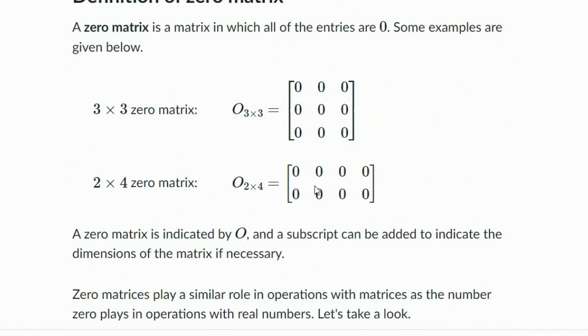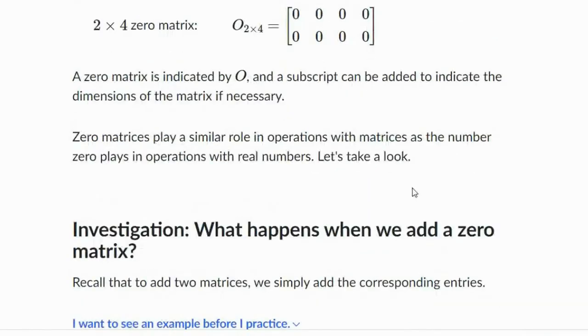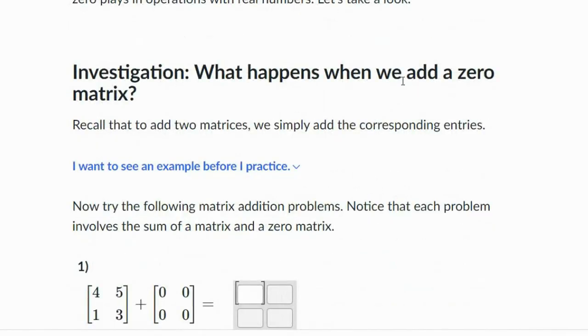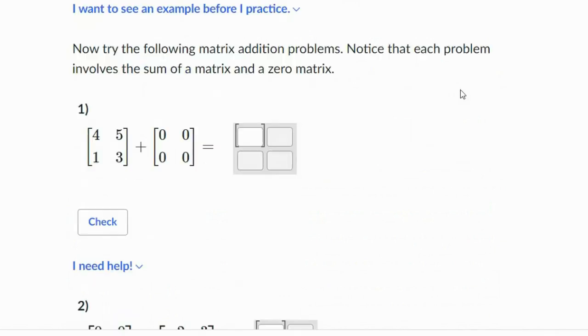We just make it whatever dimensions we want it to be and fill it in with zeros. And let's look what happens when we add a zero matrix. So if we have this matrix, 4, 5, 1, 3, and we add a zero matrix to it, can you take a wild guess at what it equals?